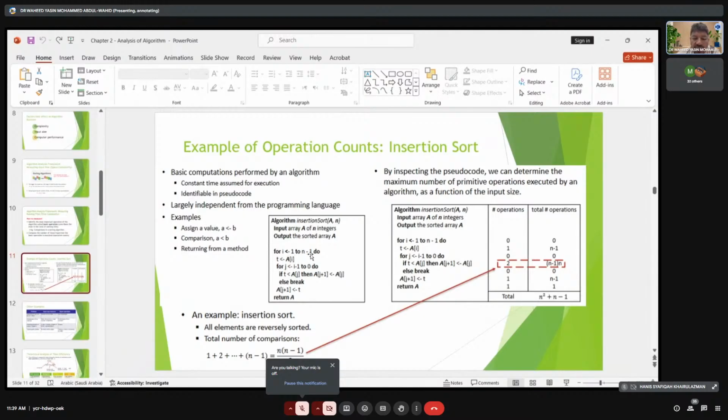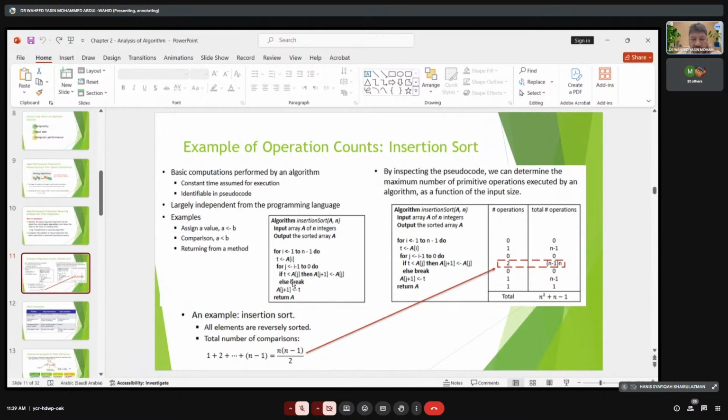For i equal 1 to n minus 1, t equals a[i]. For j from i minus 1 to 0, do: if t is less than a[j], then a[j plus 1] equals a[j].